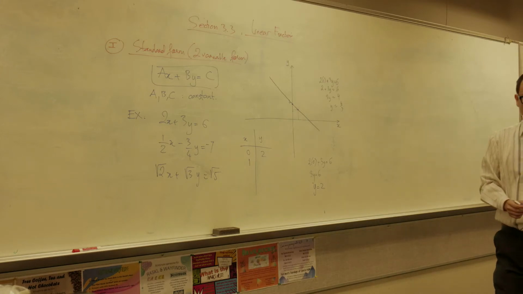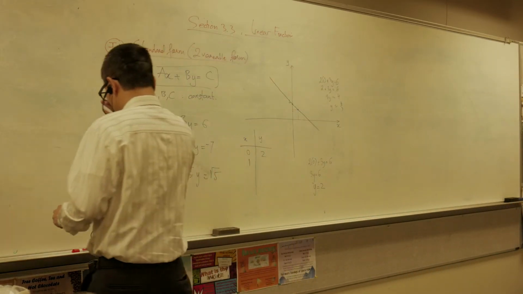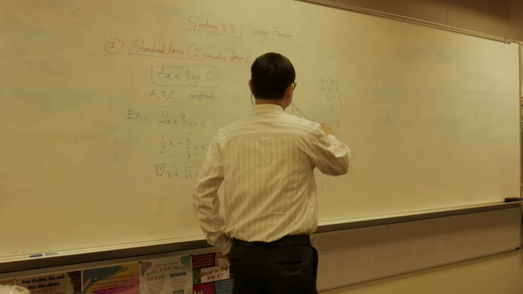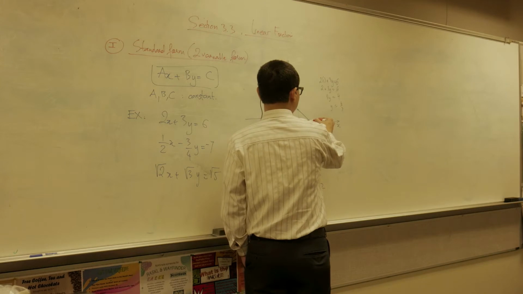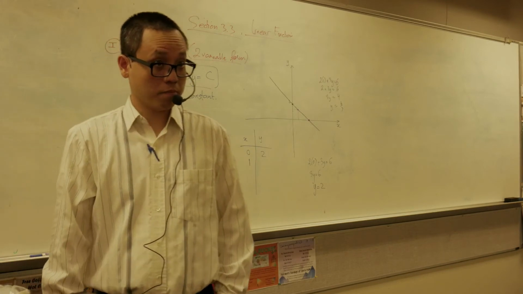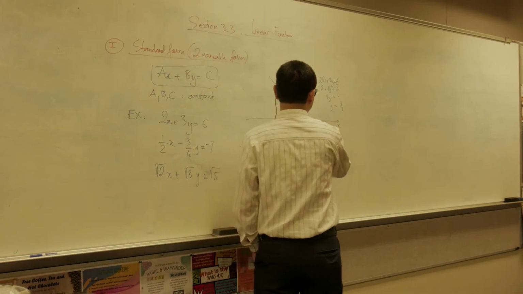Now if you notice, the line I have over here intersects the y-axis at this one, and it intersects the x-axis at this one, right? Those 2 points, they have names. We call that the x-intercept point.